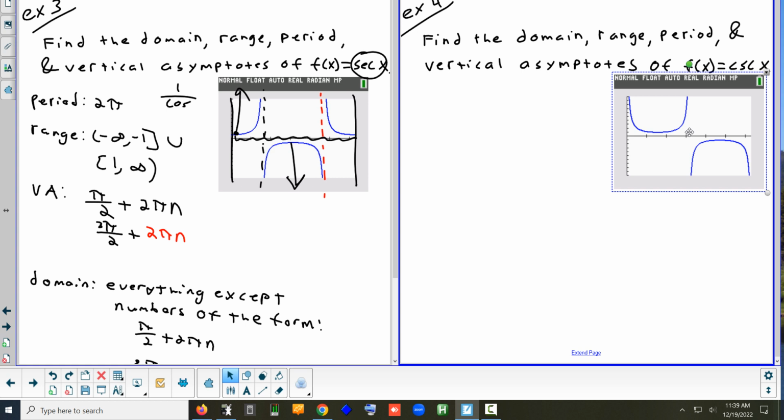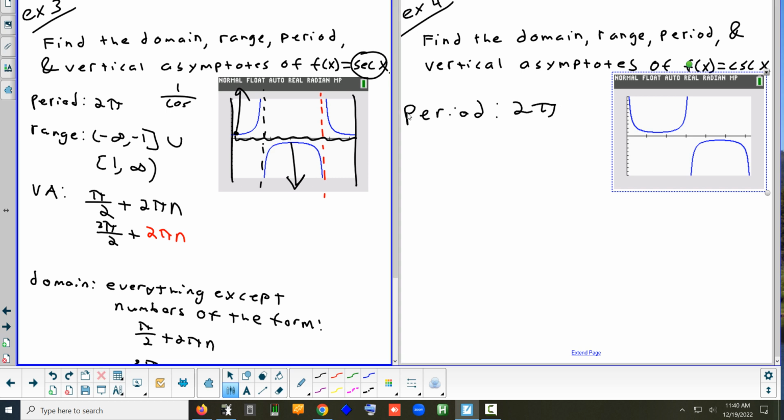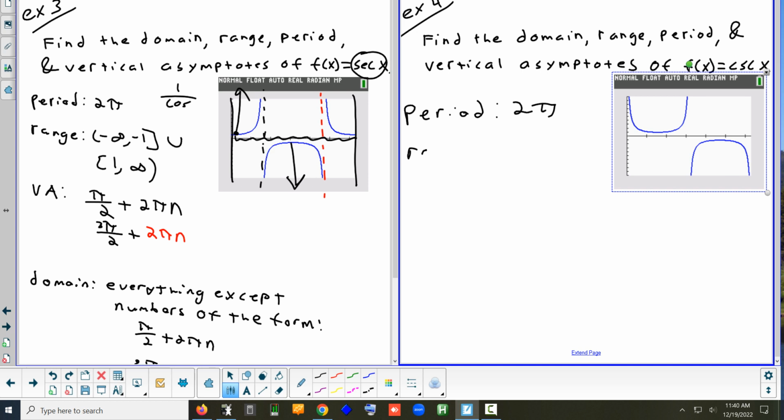That's your full cycle. What is the period? Yep, 2 pi. How about the range compared to the last problem? It's the same. So I'm just going to write same as example 3. So range is the same.